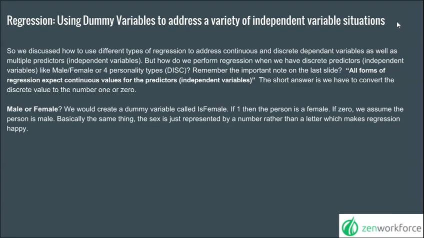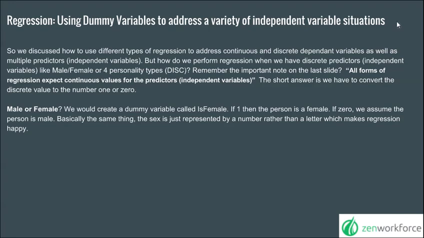Let's talk about the DISC personality profile. In that case, you'd create 3 dummy variables. Is dominant? Yes or no. Is influential? Yes or no. Is compliant? Yes or no again. If any of those are yes, they're equal to 1, and that is equal to that personality type.